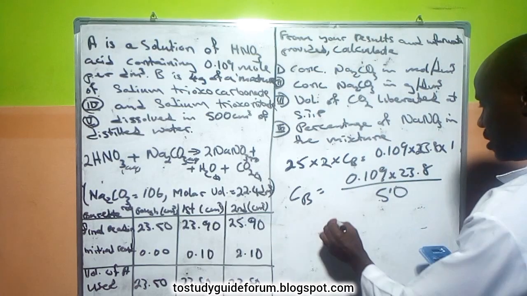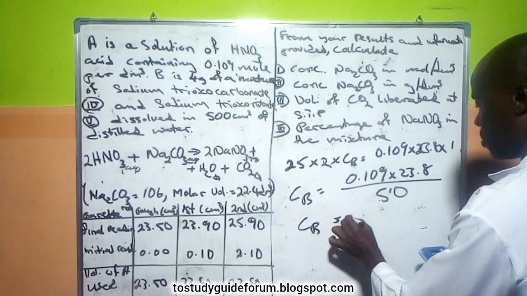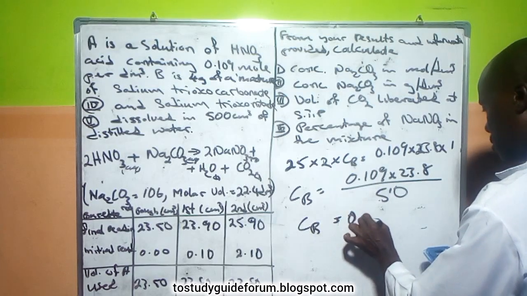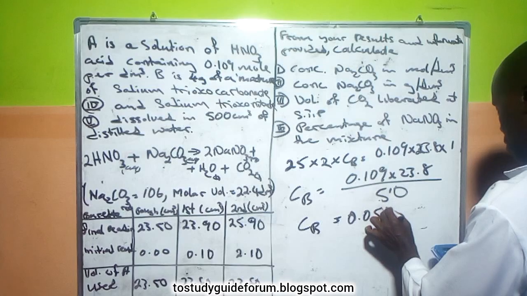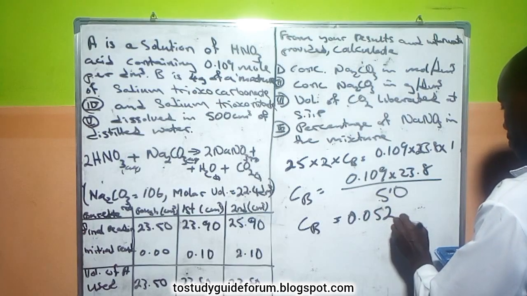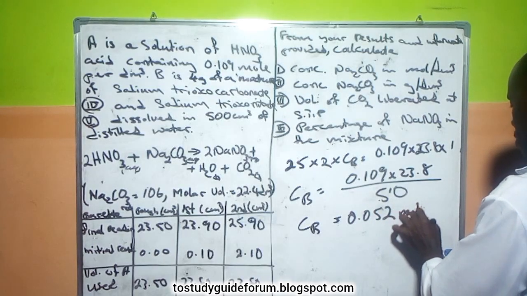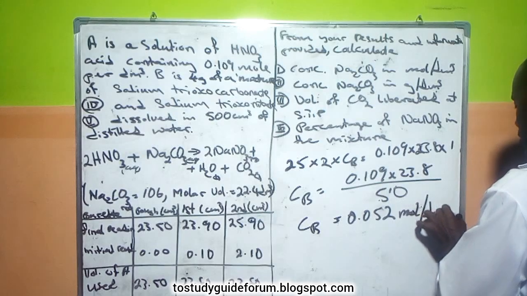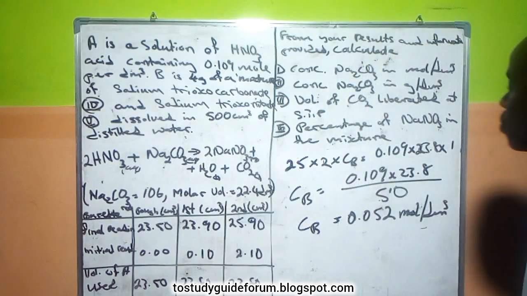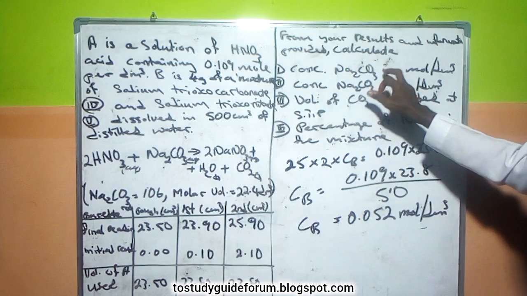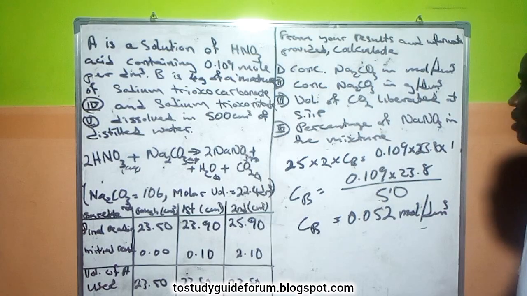Our final answer is CB is equal to 0.0252 approximately mole per dm cube. So that is what we have here. So we're able to get the concentration of sodium trioxocarbonate in mole per dm cube.